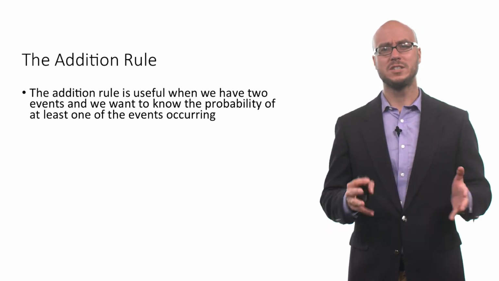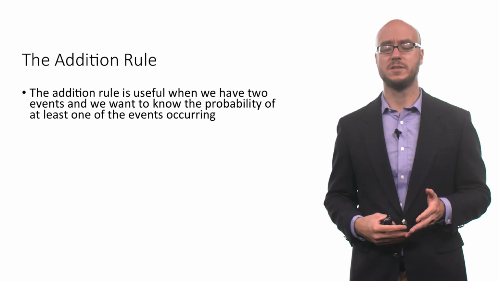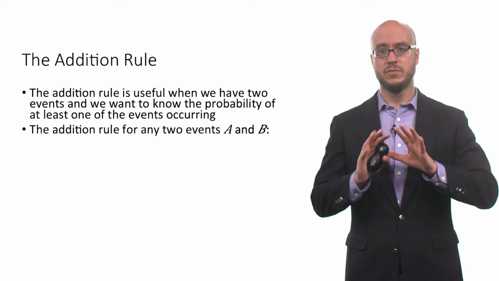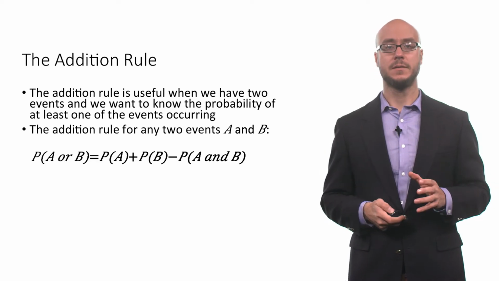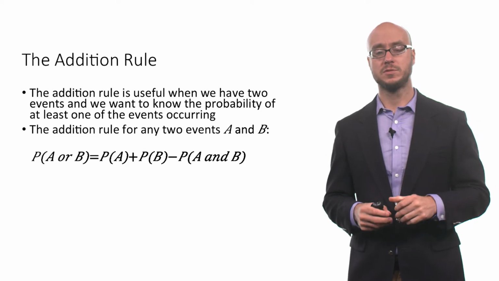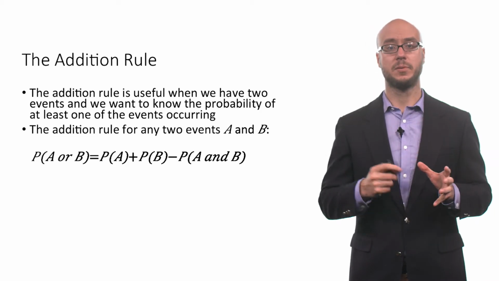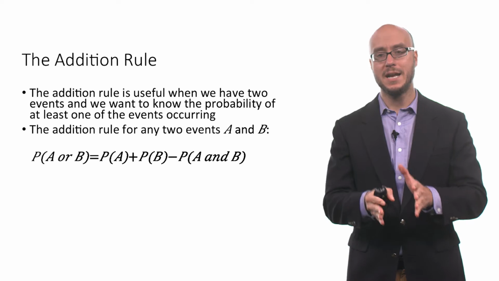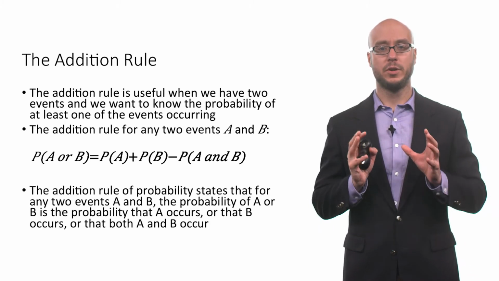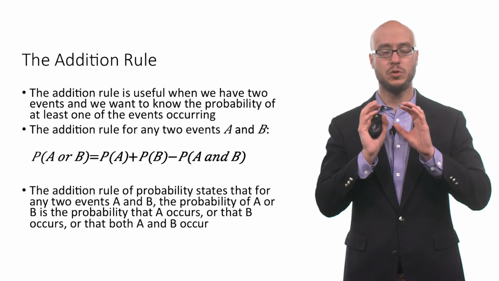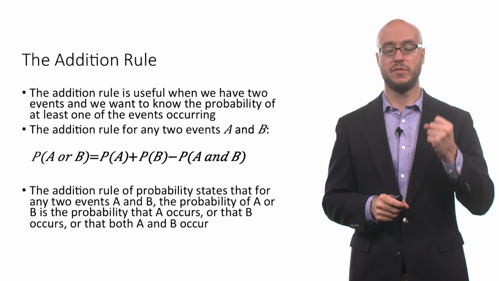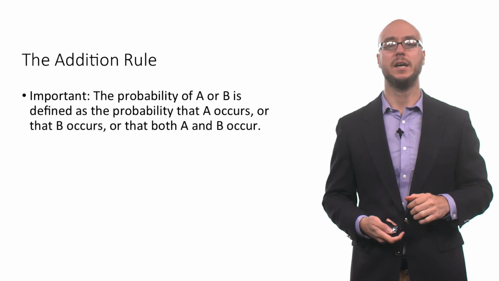So let's think of these two events as A and B. The addition rule says the probability of A or B equals the probability of A plus the probability of B minus their joint probability. To put it another way, you subtract out the joint probability from the simple addition of the probability of A and the probability of B.